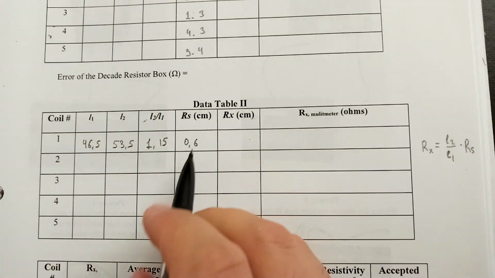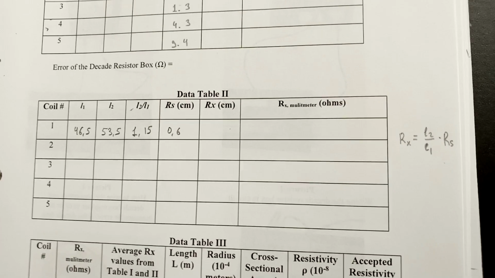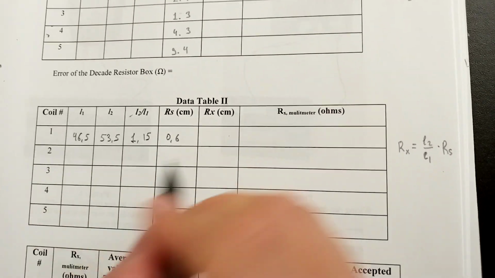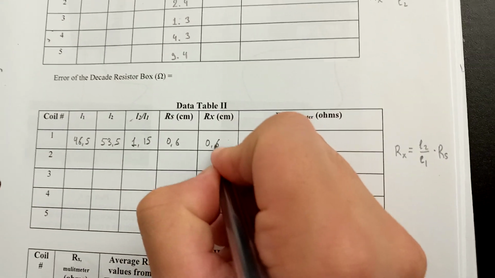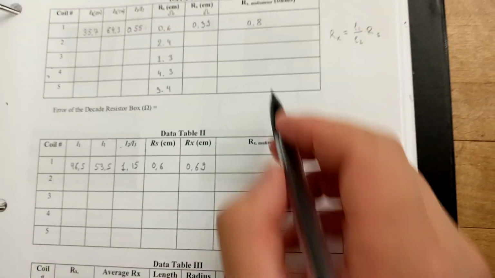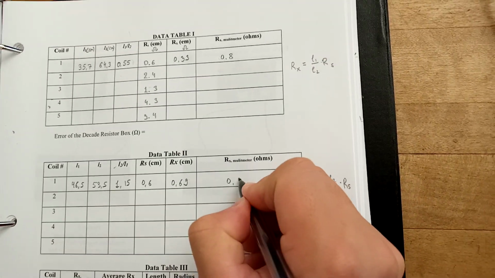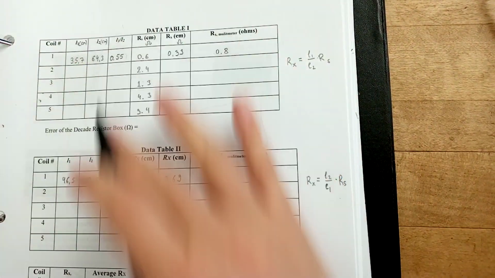If you multiply this ratio by 0.6, we would get 0.69, and with the multimeter we already measured 0.8.